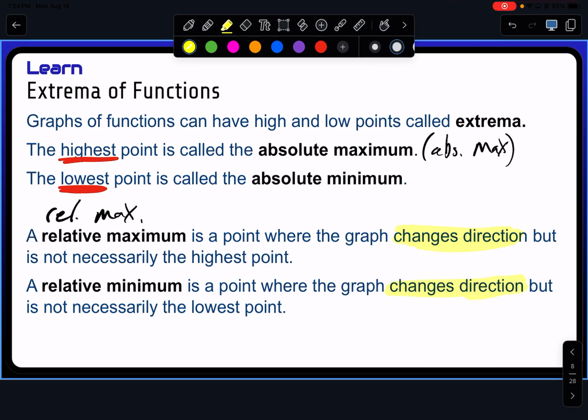It's a change of direction, but not necessarily the highest or lowest. A point could be both. It could be the absolute maximum and a relative maximum, because it changes direction and it's also the highest point on the graph.